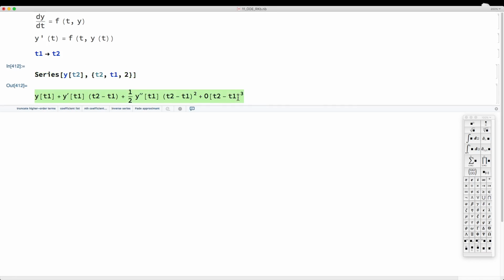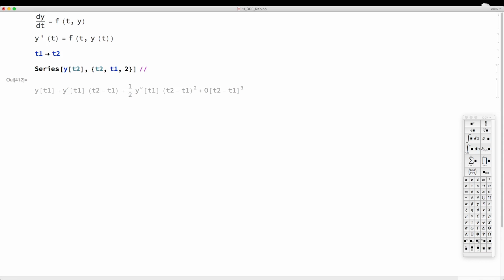So this is an approximation for y of t2, essentially. Let's assume that I want to keep the lowest order correction, and I can ignore higher order corrections like of order (t2 minus t1) squared and so on. First of all, I can simplify this a little bit.